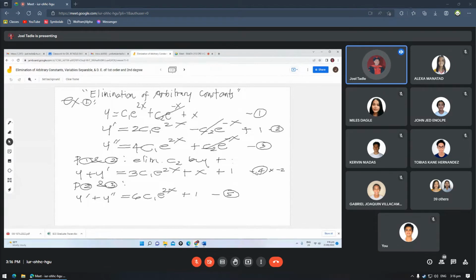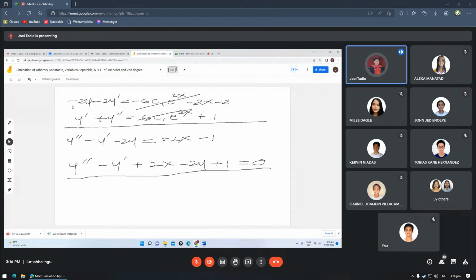Muna siya ang atong tawgon og equation 4 prime, no? Nya ato dayong i-add sa equation number 5, ma-cancel out na siya nga term. So muna siya, no? Negative 2y minus 2y prime equals negative 6 c sub 1 e to the power of 2x, negative 2x, negative 2. So, kana siya nga equation.